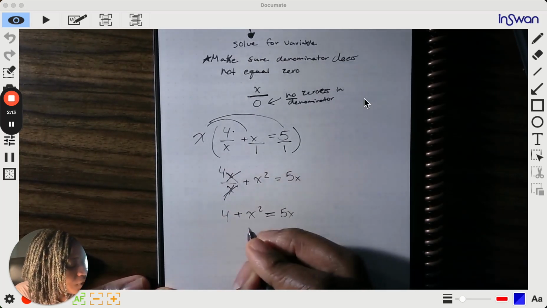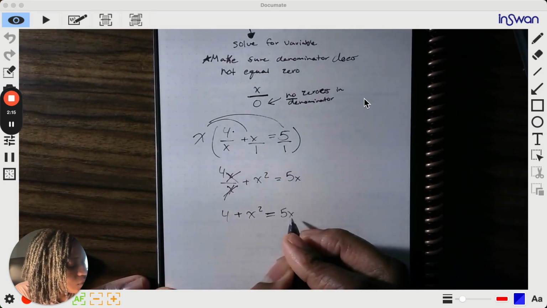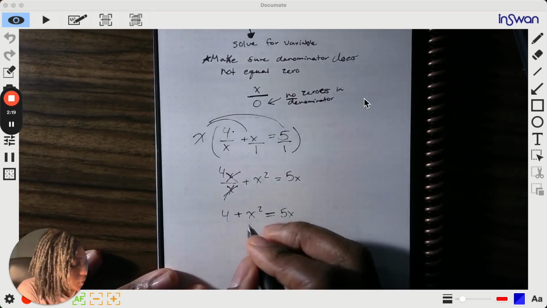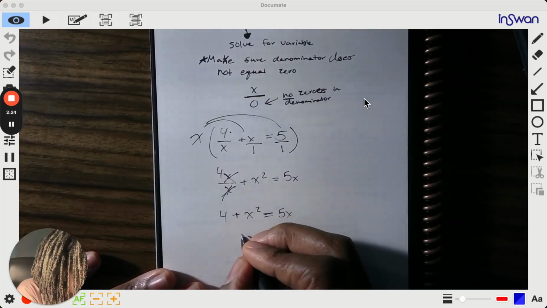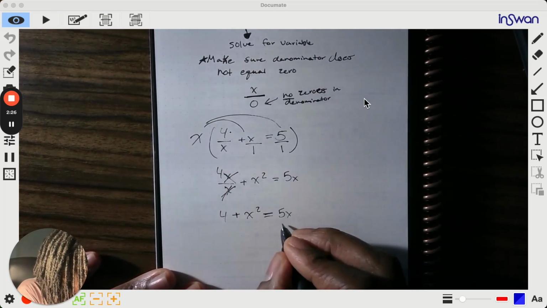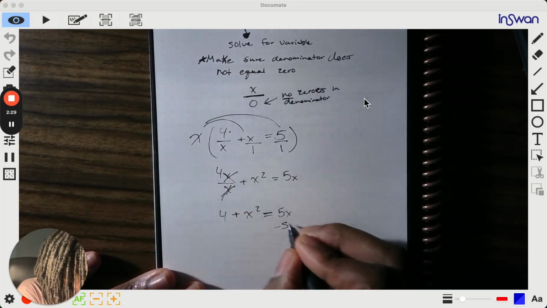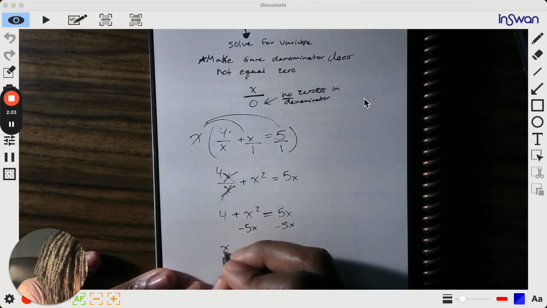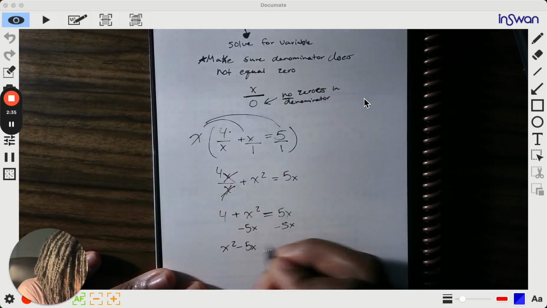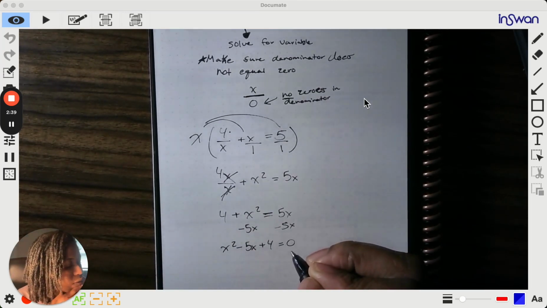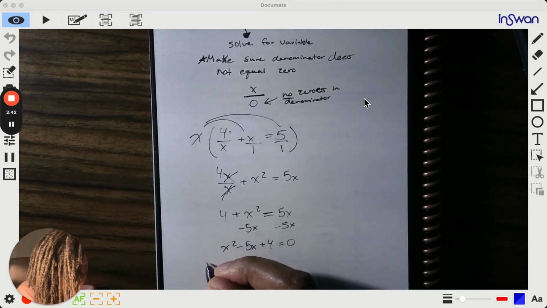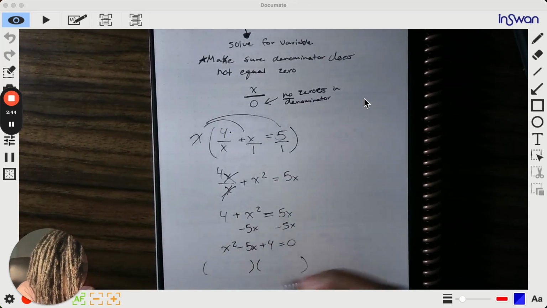Now I want to solve for x, so I'm going to get everything on one side and set this equal to 0. So I'm going to subtract 5x, and I'm left with x squared minus 5x plus 4 equals 0. And then I can factor this, and it factors pretty cleanly. I know I have x, what multiplies to 4 but adds to negative 5?